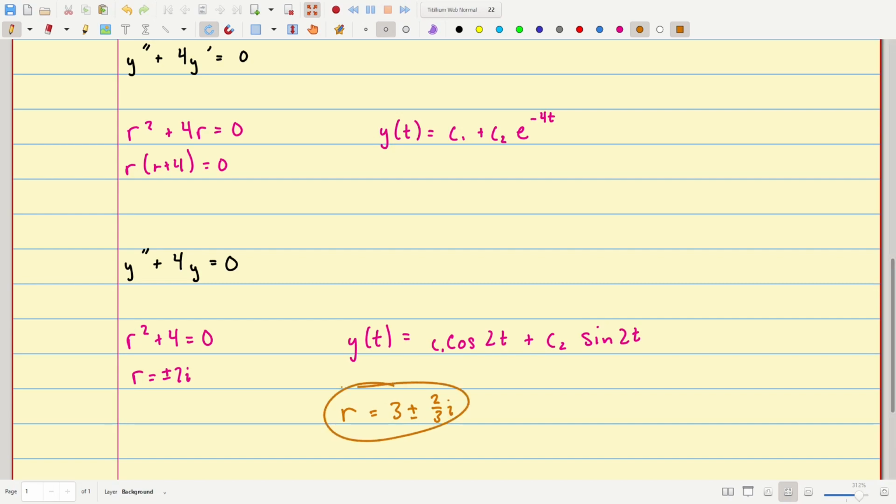If these ended up being the roots of the characteristic equation, then of course that means that you would write this as your general solution and proceed from there in solving whatever additional parts of the problem are necessary if you happen to have initial conditions or a non-homogeneous problem.